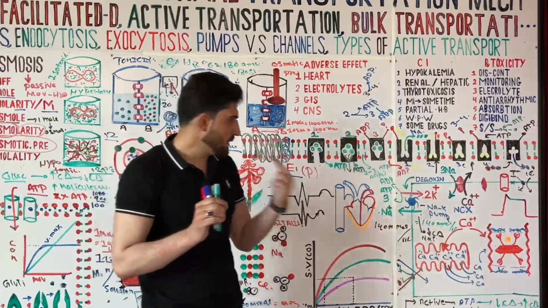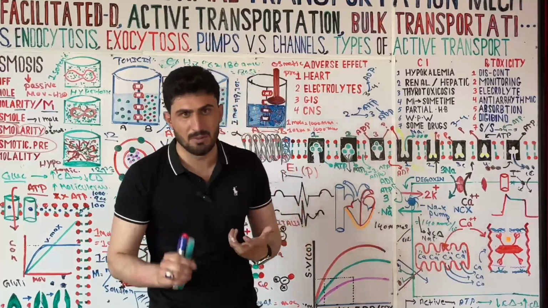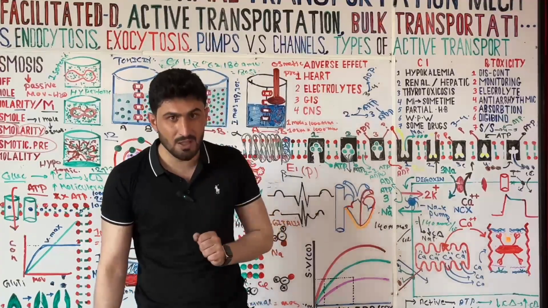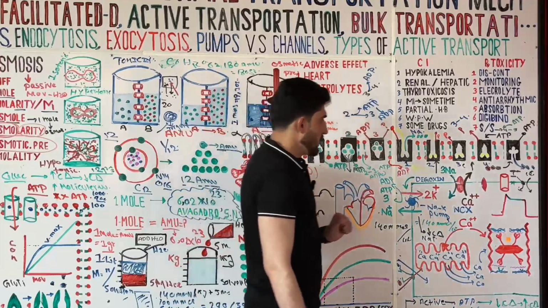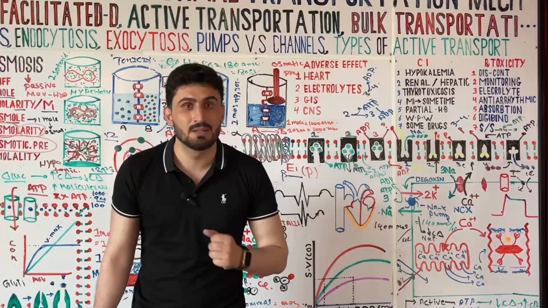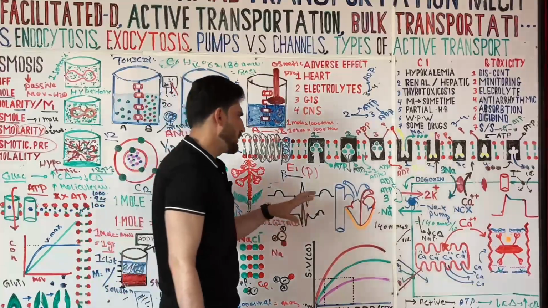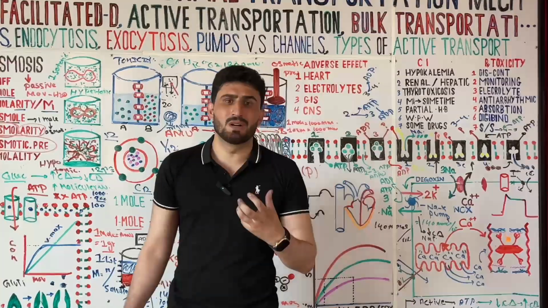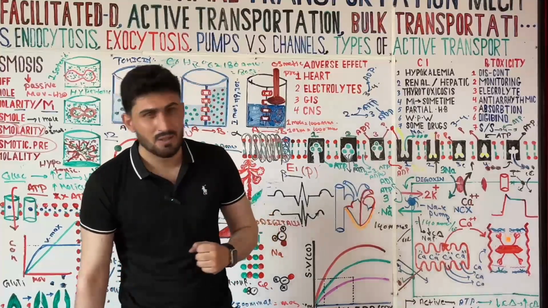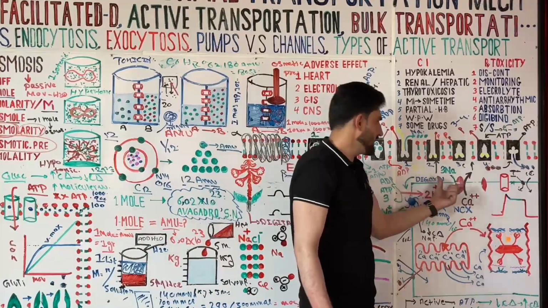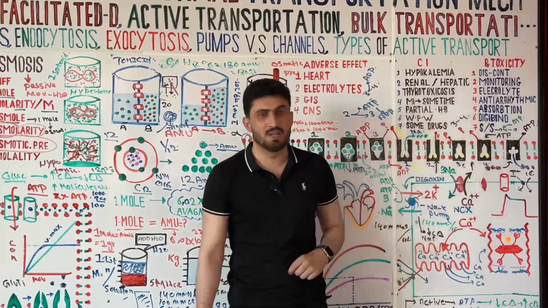Second, both of them are lipid soluble, but digitoxin is a little bit more lipid soluble, and both of them can cross the blood-brain barrier. Both of them are used for the treatment of heart failure, and the mechanism of both of them is the same.